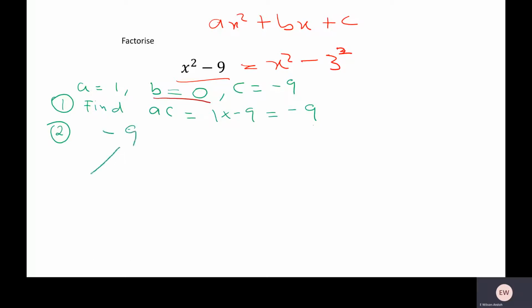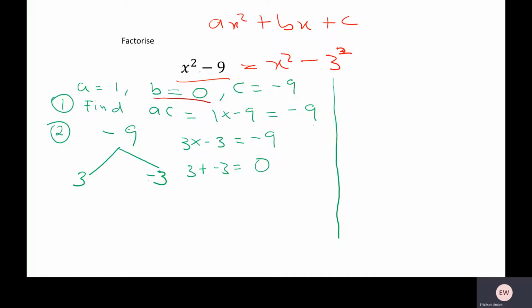So when we write our minus 9, what two factors can we find? We can find 3 and minus 3, because 3 times minus 3 is equal to minus 9, and 3 plus minus 3 is equal to 0. So we have found those factors. Now the next step is to rewrite the expression using these factors that we found.